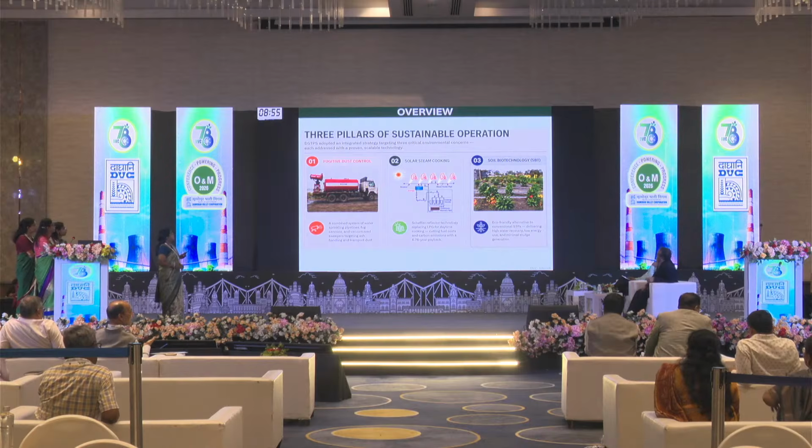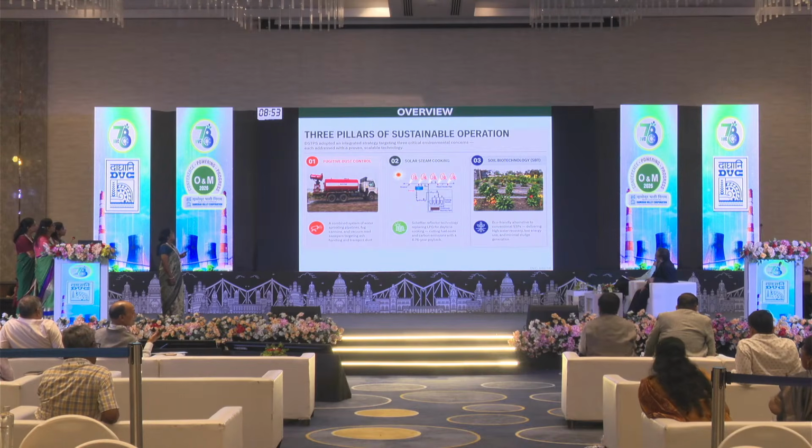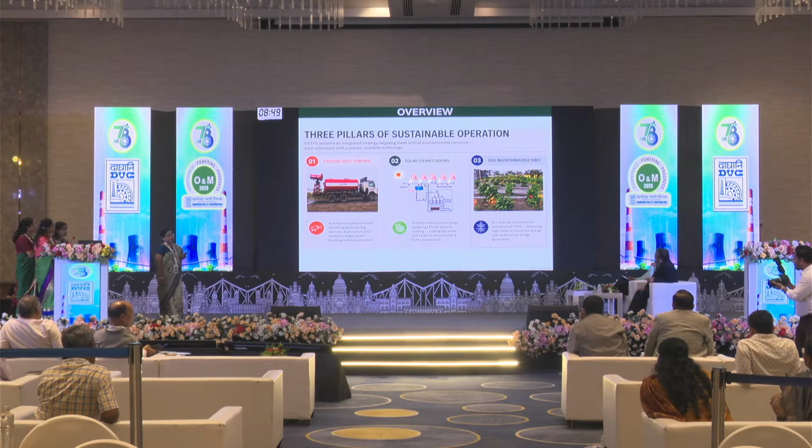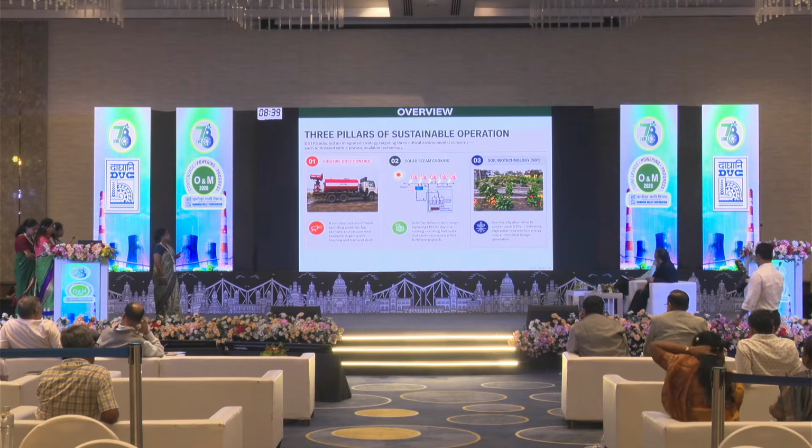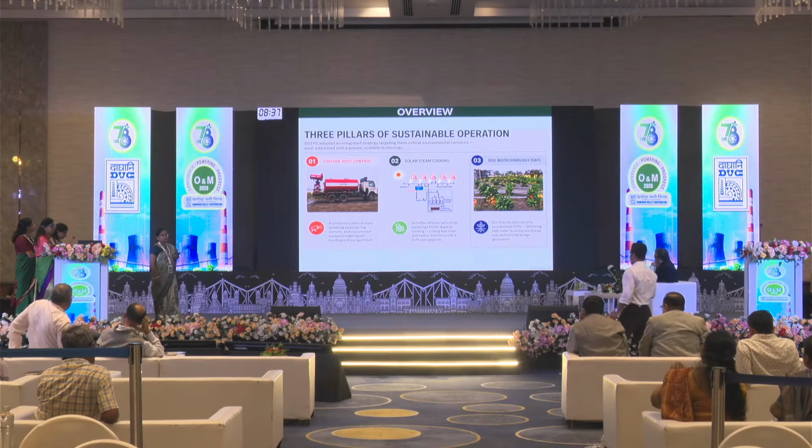The second part is solar steam cooking. It uses the renewable source of solar energy. It is implemented at the DSTPS canteen and reduces the burden on LPG gas by 60%. The third one is soil biotechnology. It is a futuristic approach towards replacing the conventional sewage treatment plant system.